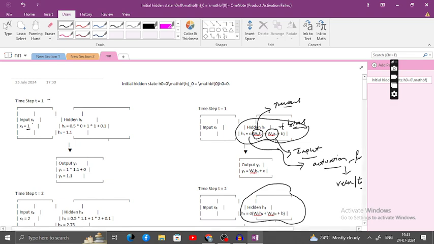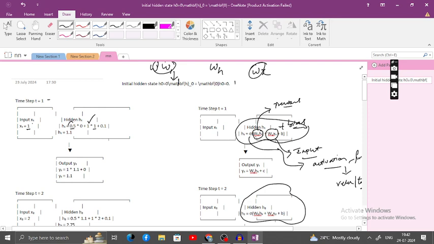So look at this. You have the input layer and hidden state, 0.5. So we have assumed 0.5 into WH into H0, and WX into X. Here WH means W1 or W dash, for the hidden state, and they have assumed 1 for this.